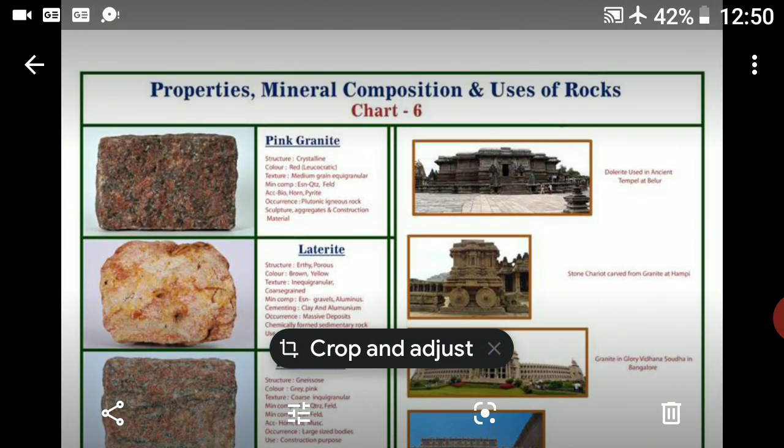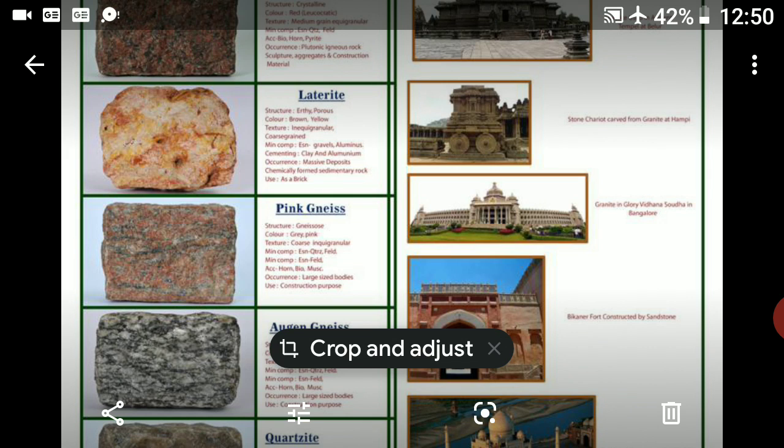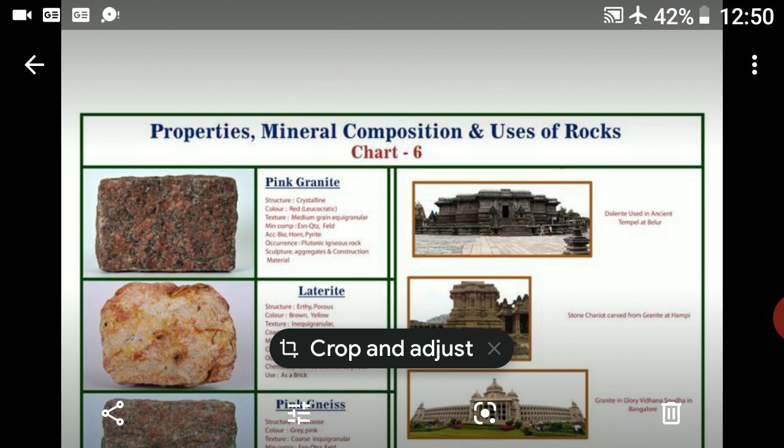And the last one here you can see is pink granite. This pink granite comes under the igneous rocks. Structure is crystalline, color red, texture medium grained, equigranular.